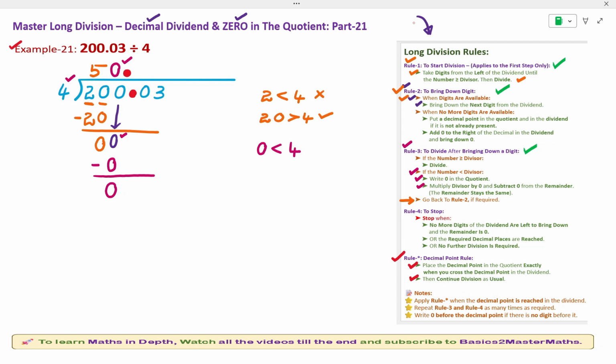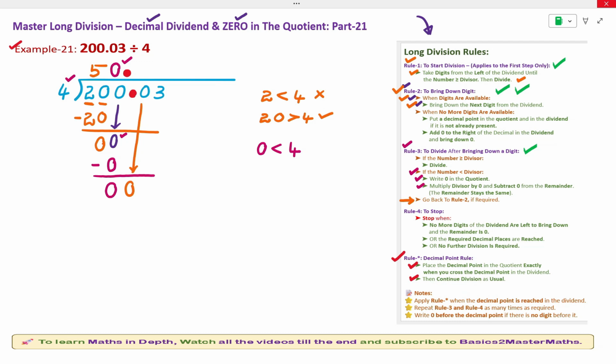When digits are available, bring down the next digit from the dividend. In this case, since the digits are available, bring down the next digit 0. Now, rule 2 is complete for the second time.